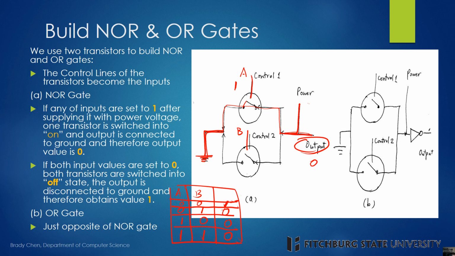If we put a NOT gate on the outside line, then we can build an OR gate, because the OR gate is basically the opposite of the NOR gate. So again, we can build the NOR gate with 2 transistors, and build the OR gate with 3 transistors. One transistor serves as the NOT gate.